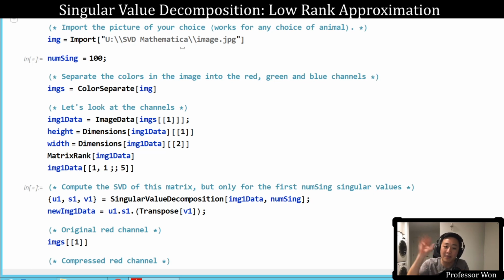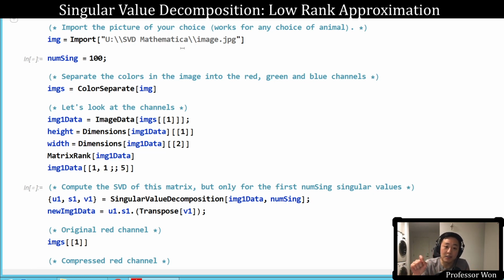If you had half white and half dark gray, that would still be rank 1, because the columns would be multiples of one another. If you had a checkerboard pattern of black and white, you might have a lower rank matrix because there's a lot of dependencies amongst the columns. But if you just take a picture, you would expect basically a full rank matrix. If it's an 800 by 1200 image, you expect a rank 800 matrix.